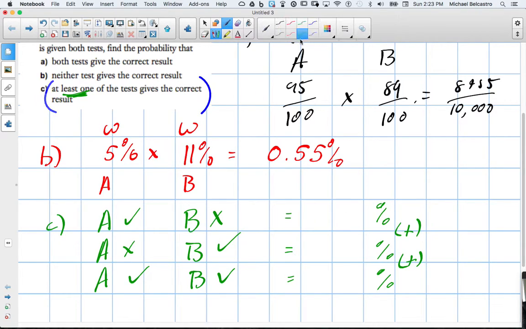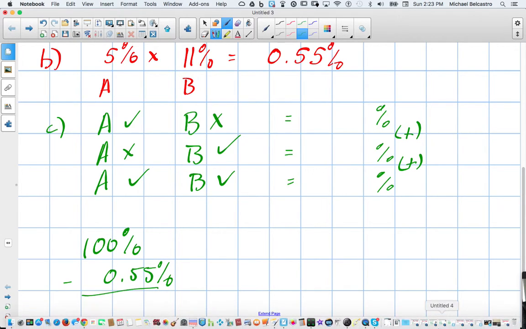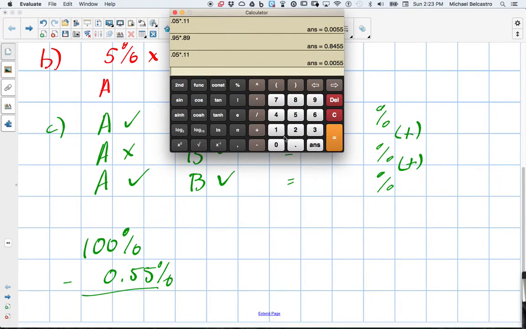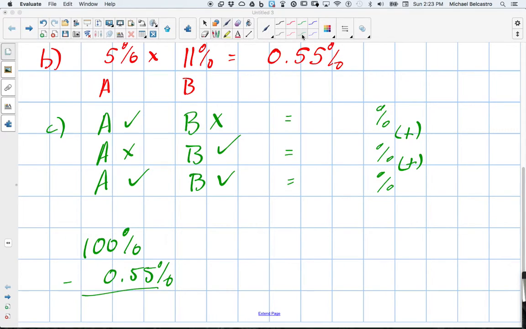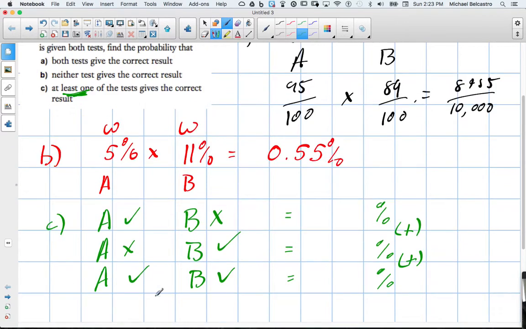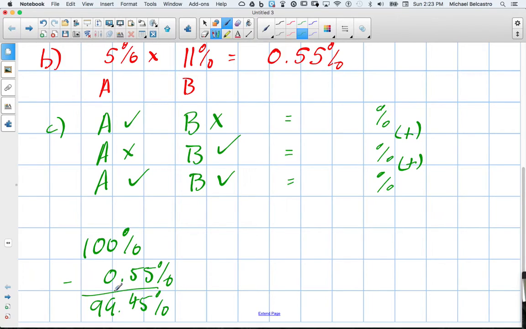So 100% subtract 0.55%. Let me get a calculator out. 100 subtract 0.55 equals 99.45. So there should be 99.45%. What that means is there is a 99.45% chance that at least one of the tests gives the correct result.